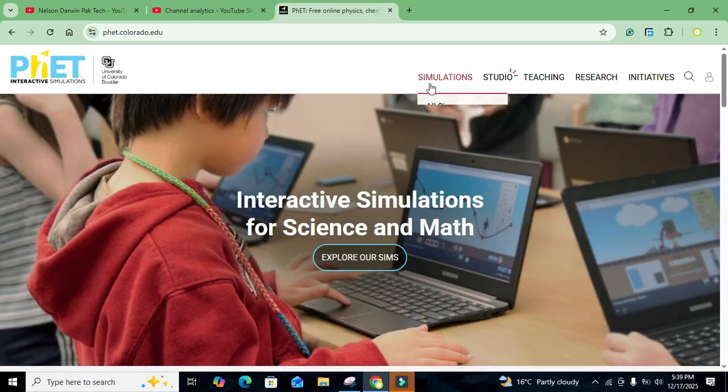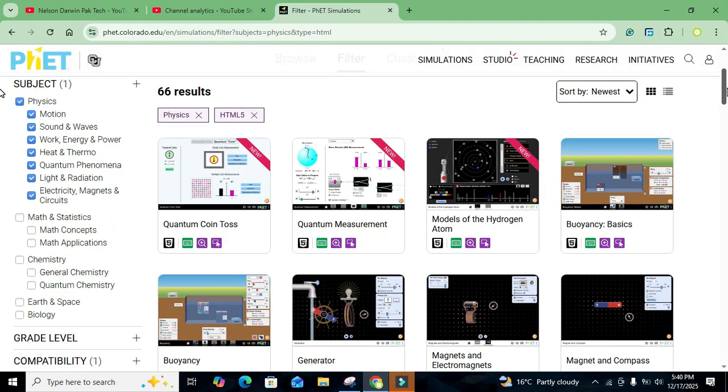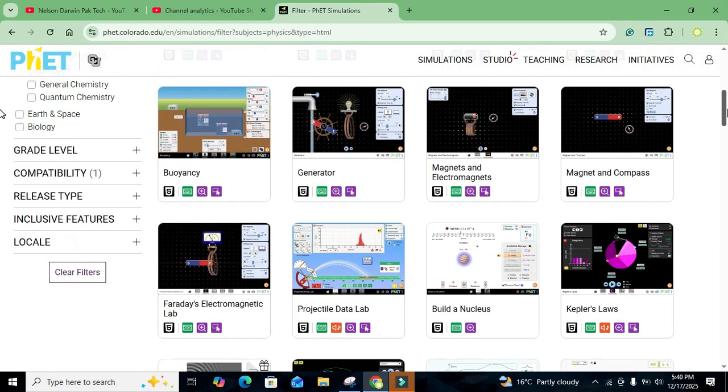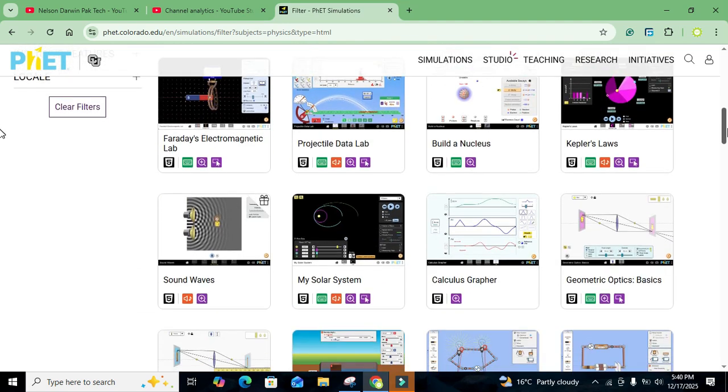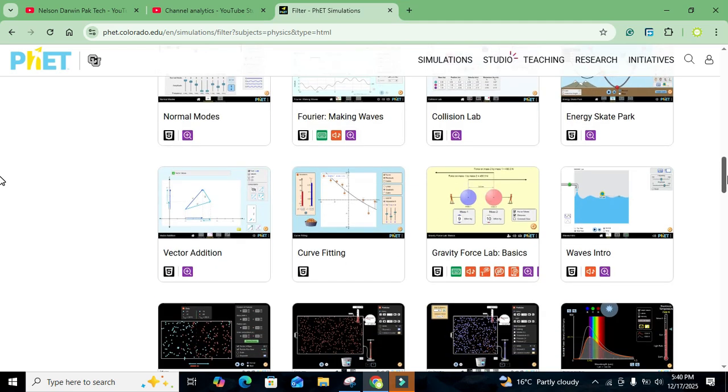Now let's wait so that all the simulations will open. Now we will go to the simulation tab and click on physics. Now we have a lot of simulations here which have already been built. We will search for our gaseous laws.